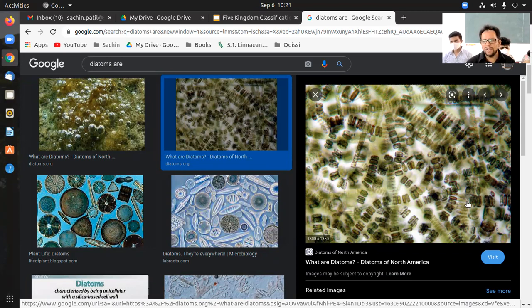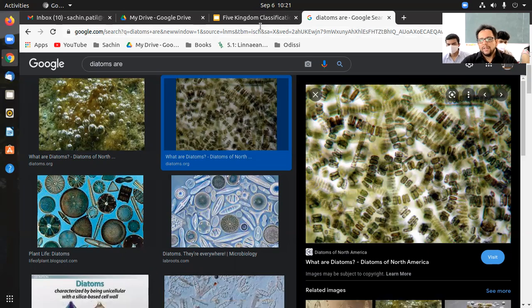Those aquatic bodies or water bodies which look green most likely tend to have these diatoms. So if you take a water sample from such a water body and observe it under a microscope, you might see these diatoms. There are quite many. We are looking at only 5 of them, which are the main ones. So that is diatoms.